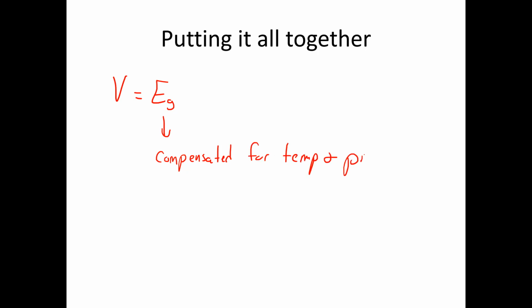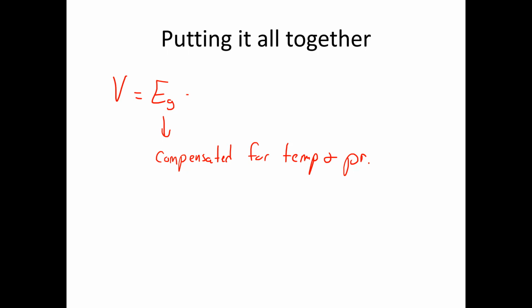So what you have here is that your actual voltage is going to be that theoretical voltage, again compensated for temperature and pressure, that we have been going over in the several slides prior to this one.